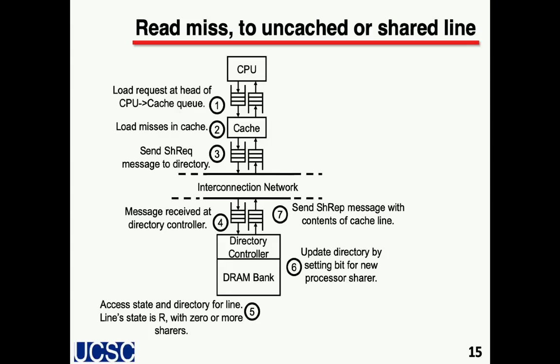The share response, of course, gets routed over the network and then arrives at the cache. And now the cache is going to mark this as being in the coherent shared state, have the data and the tag, and we're ready to continue the CPU.